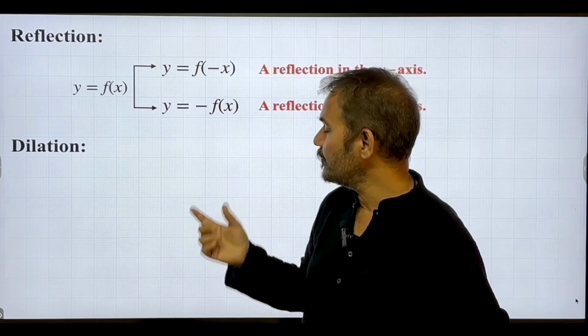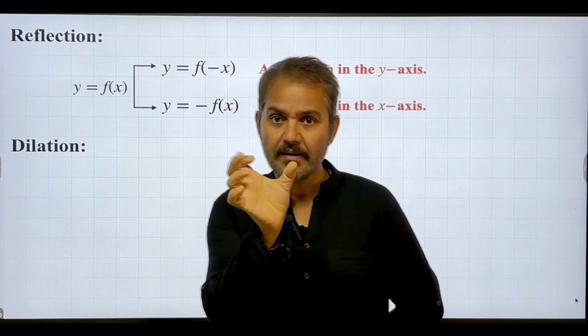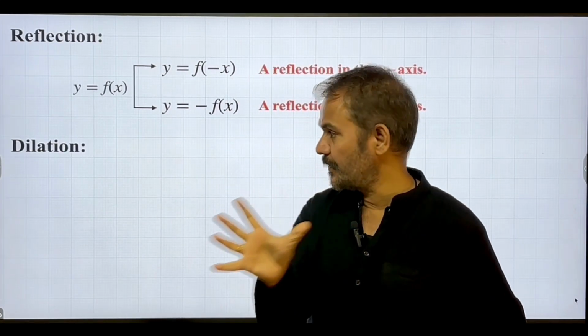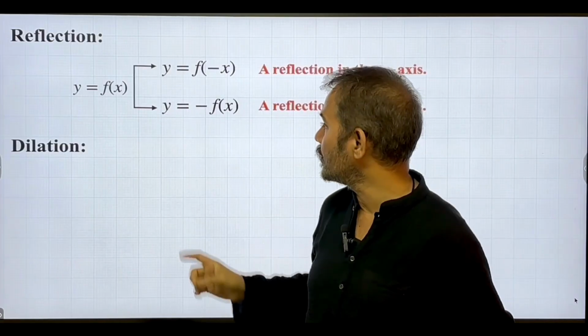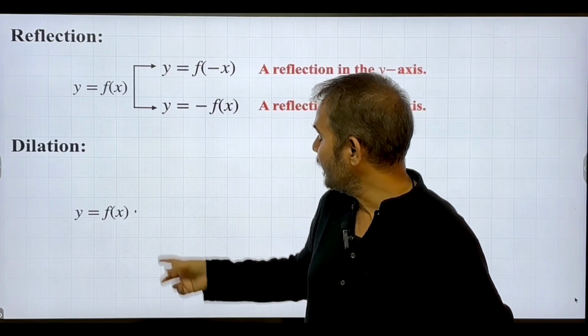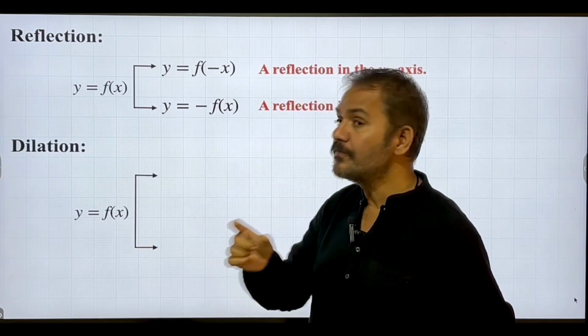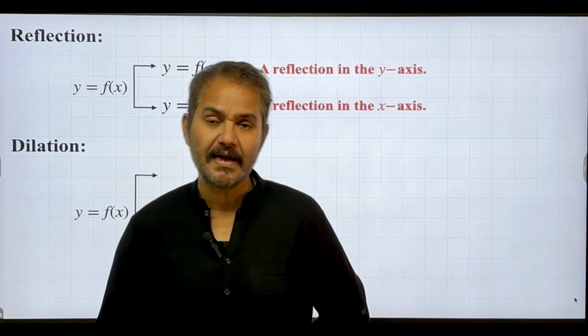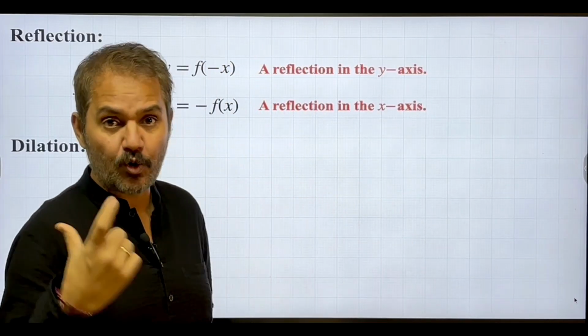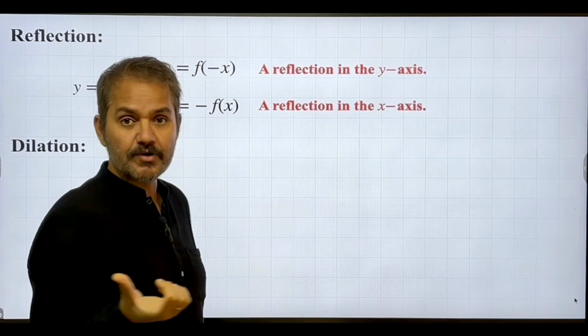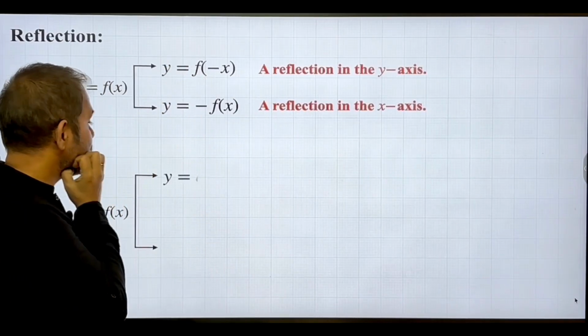The next transformation that I would like you to recall is dilation. What is dilation? In dilation, there is either a compression or an expansion, either vertically or horizontally. So if y = f(x) is a function, and you multiply either the x value or the y value by a constant, then you will observe a dilation. How does it happen here?